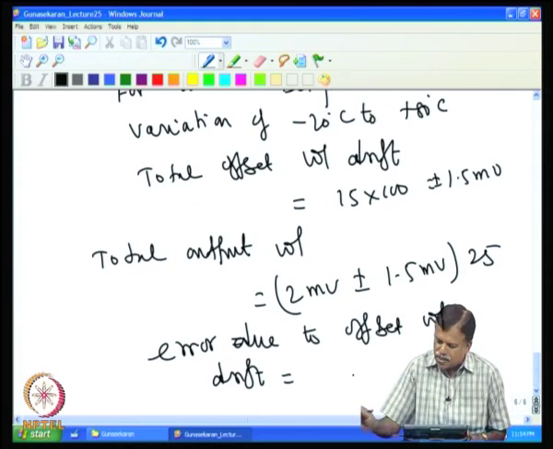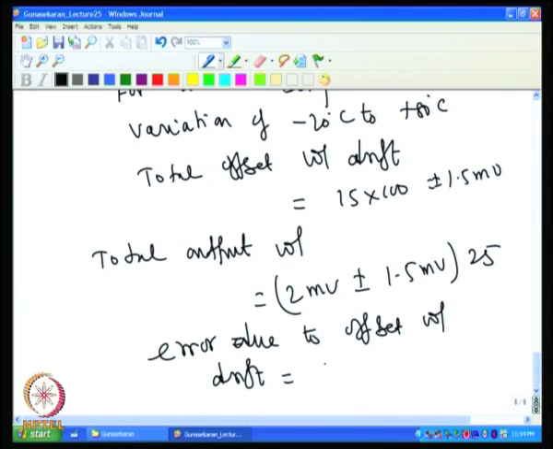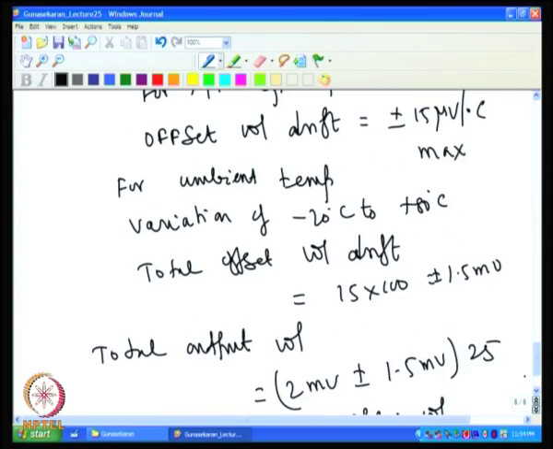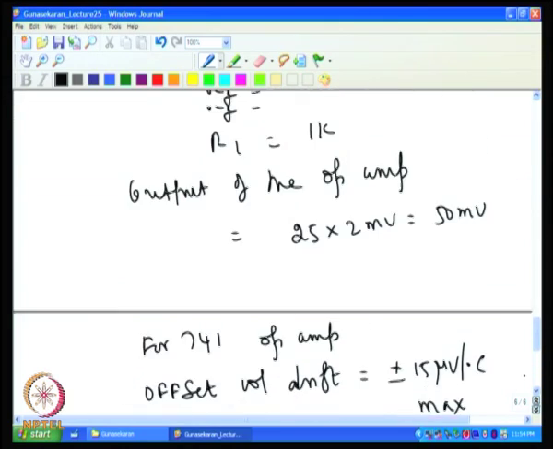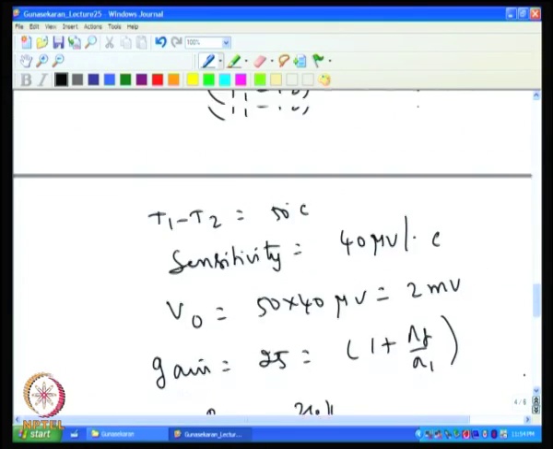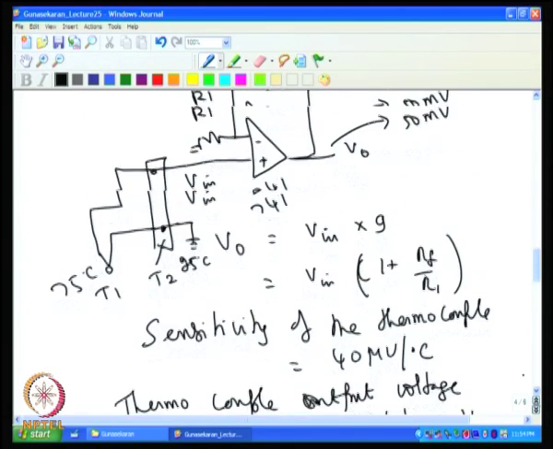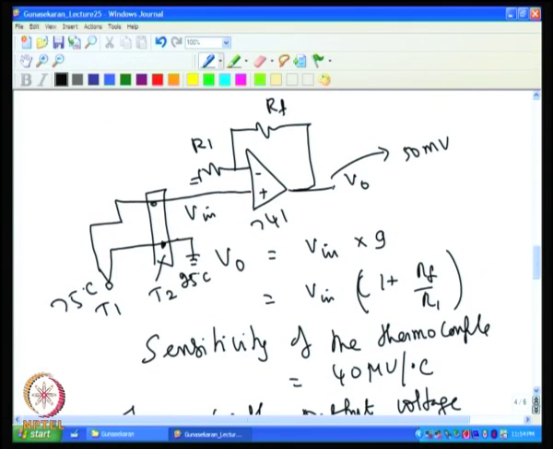Drift works out to be plus or minus 25 into 1.5 millivolt, which is 37.5 millivolt, plus or minus 37.5 millivolt. Now, if you look at this error at the output of the op amp, 1 millivolt is 1 degree C, because we had seen it is coming 50 millivolt for 50 degree temperature difference.